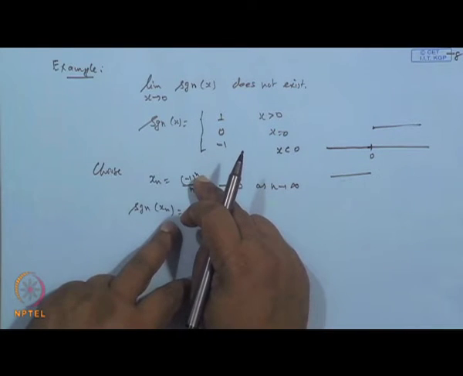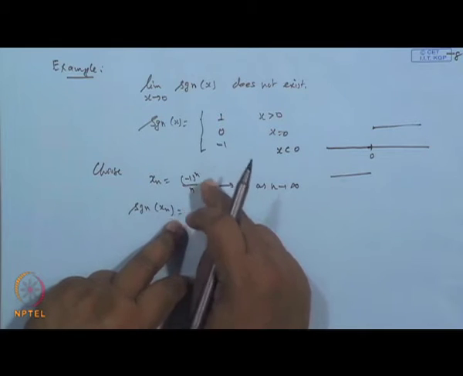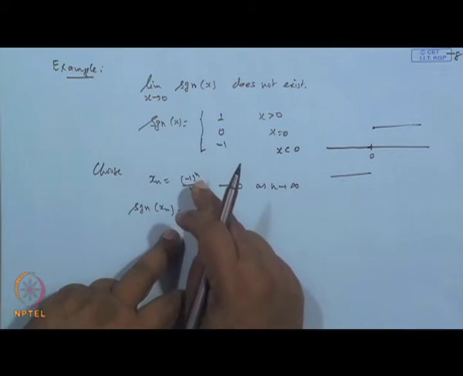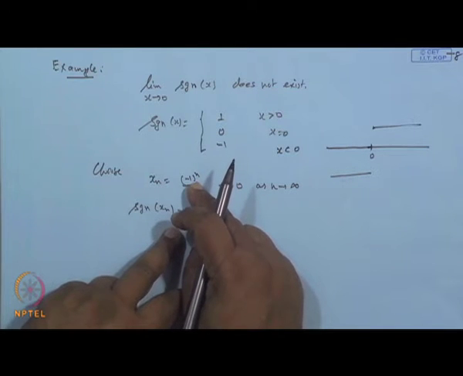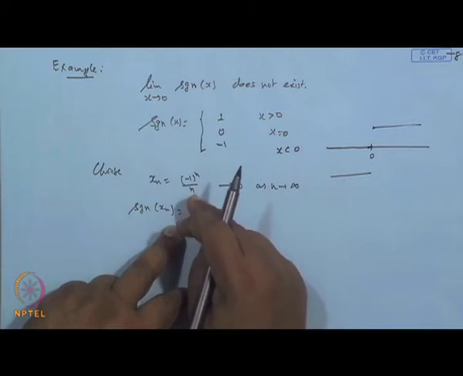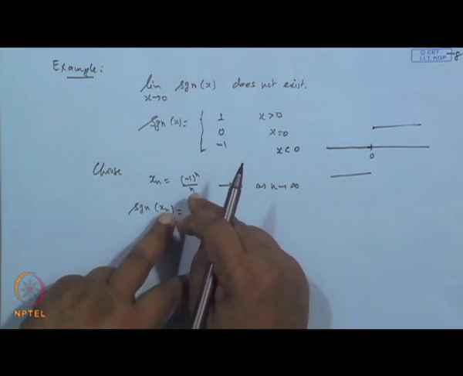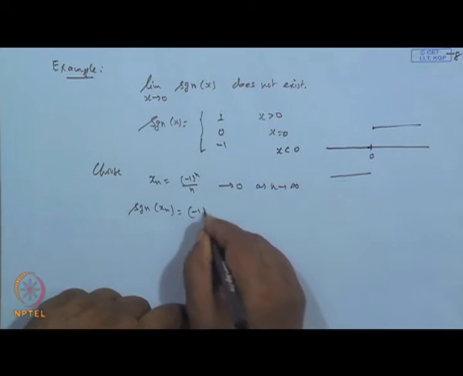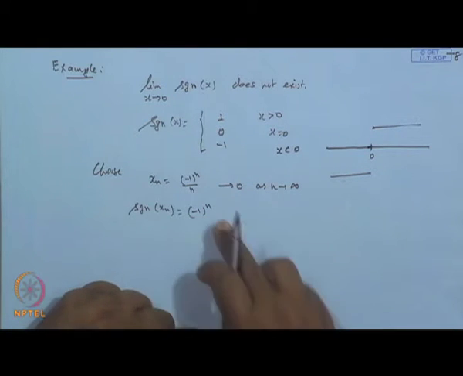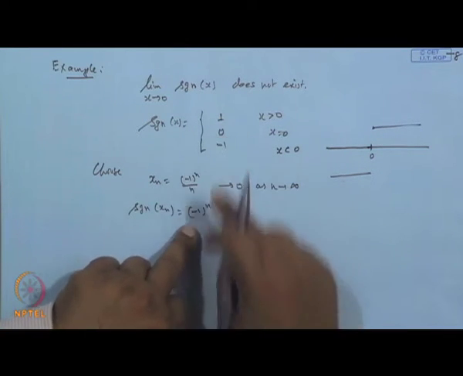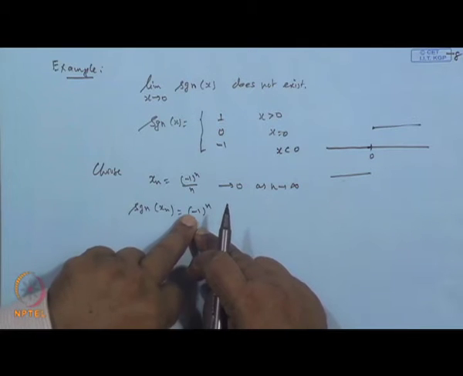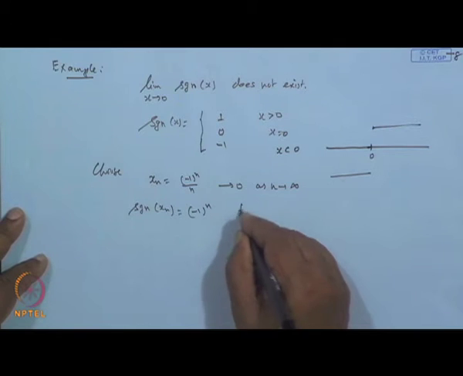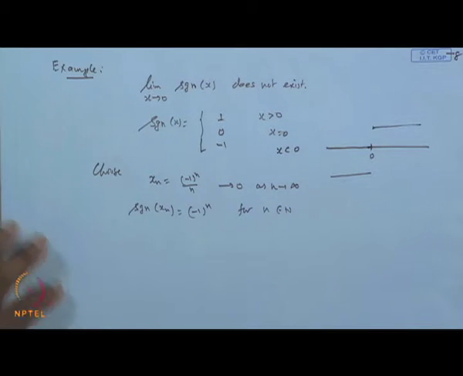When n is even, it is positive, so we get plus 1; when n is odd, it is negative, so we get minus 1. So, for all n belonging to N.